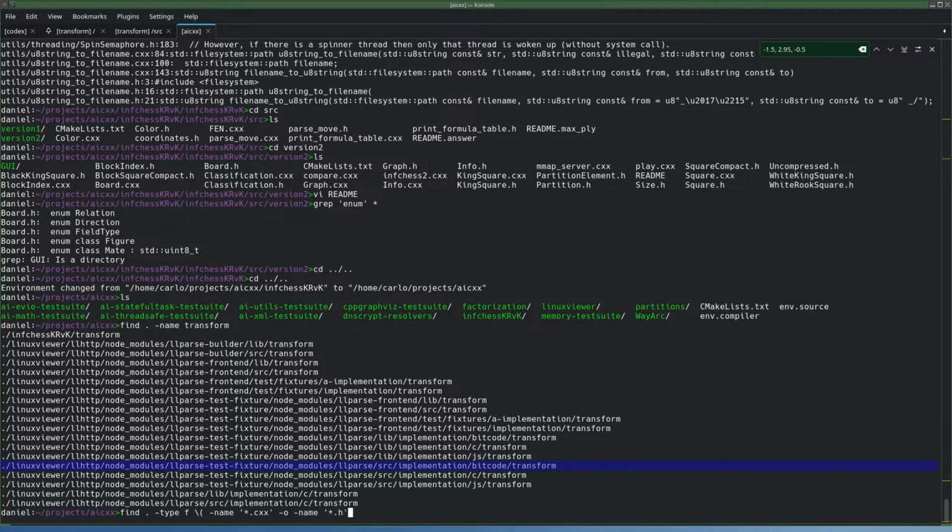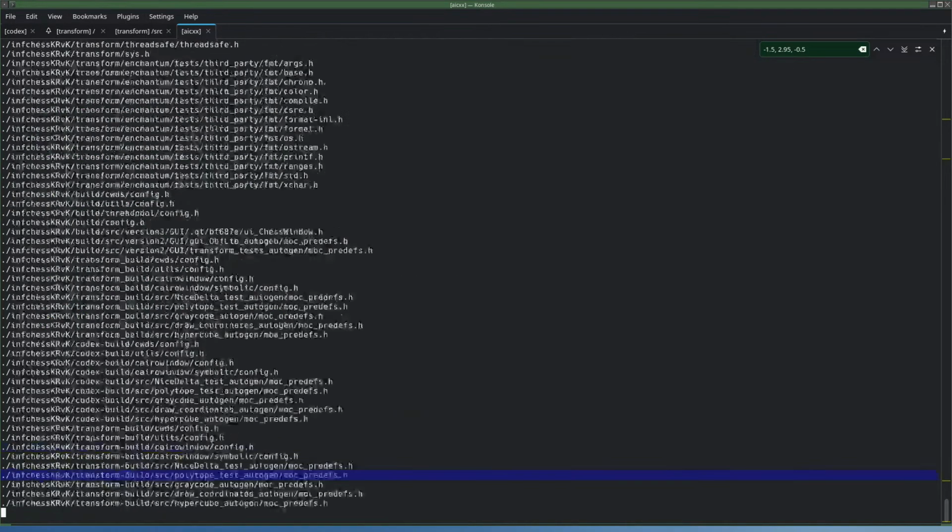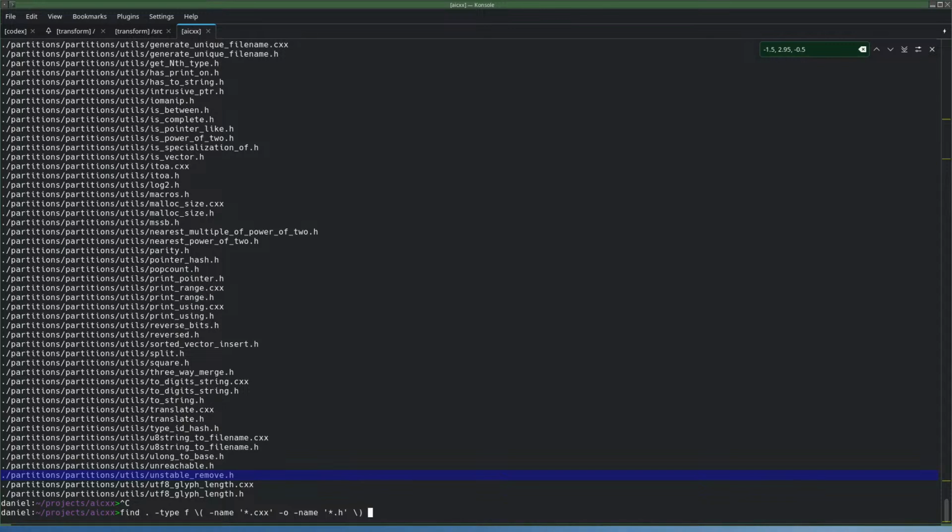Well, that should be enough to find it. Execute grep, all files that have, well, let's first print them out. Q transform.